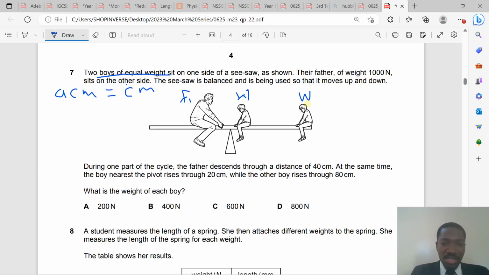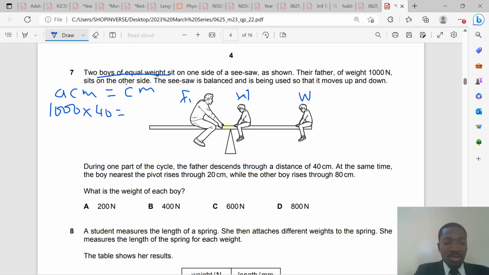Now, the father's weight, which is the force F1, is 1,000 Newton, and his distance from the pivot is what? He descends 40 centimeters, which is proportional to his distance from the pivot. So we just use the 40 centimeter descent as his distance from the pivot, since they are proportional to each other.